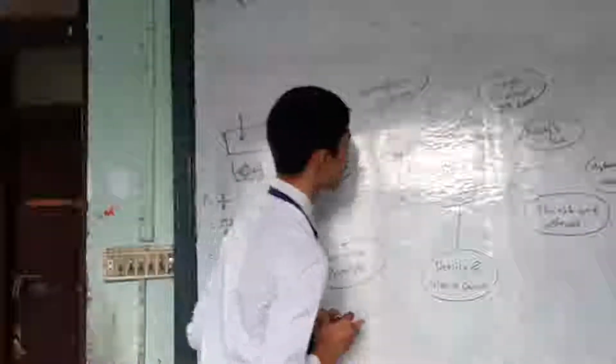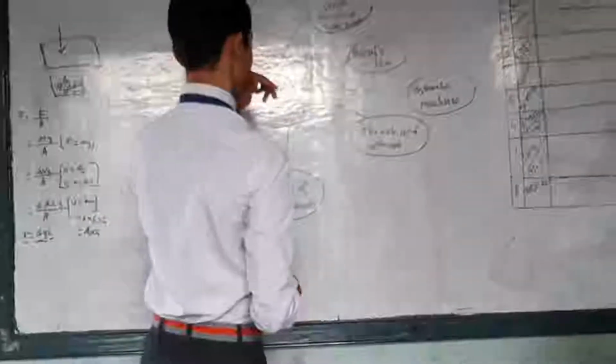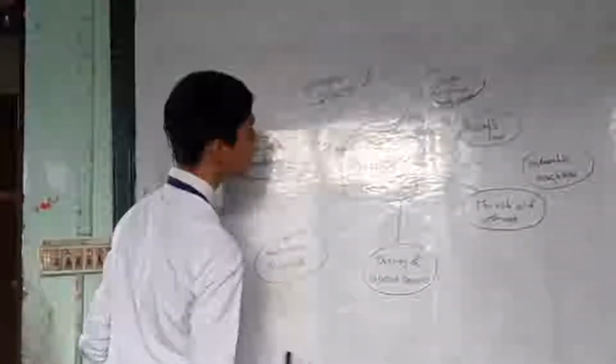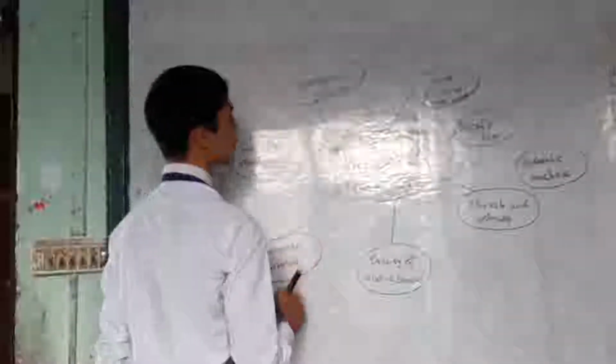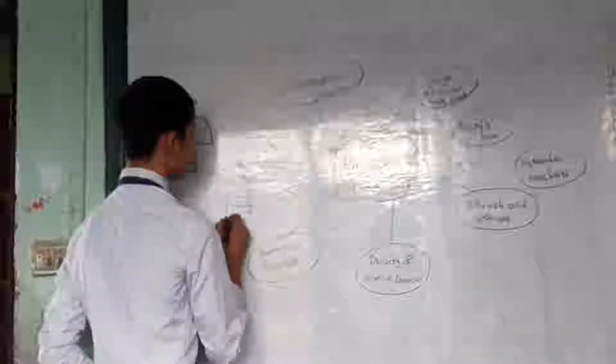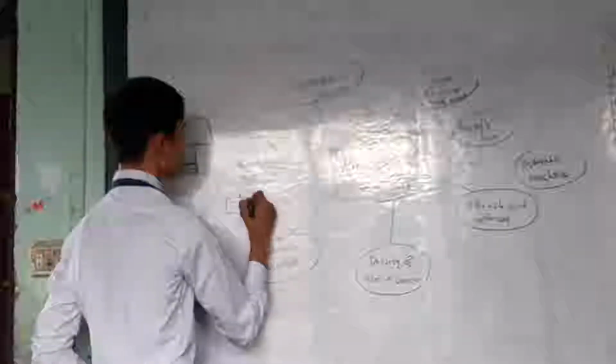Now, here I have made a mind map, and let me start from Pascal's law. Pressure was first studied by the French scientist Blaise Pascal, so he made a law in his name. Pascal's law states that when a vessel containing liquid is applied with a certain amount of force, then an equal amount of pressure is exerted in all directions.